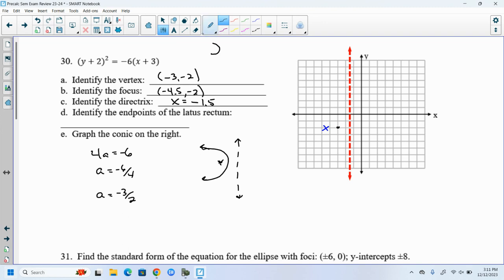All right, now to get to the endpoints, you take a and you double it. So 2a is going to equal 2 times, like I said, I just worry about the 3/2, which is 3. So that means we go 3 units up, 1, 2, 3, from the focus, and then 3 units down from the focus. That would be the point negative 4.5, 1.